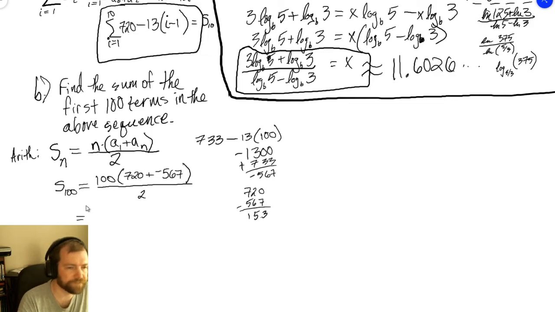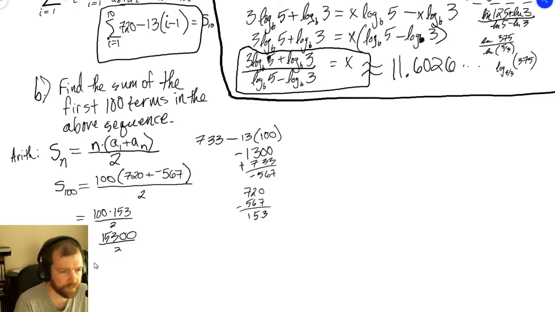Yeah, cool. So this is going to be a 100 times a 153, and then divide by 2. So this is going to be 15,300 times 100. Or sorry, 15,300. All divided by 2. So that's 7,500 and 150. So 7650.